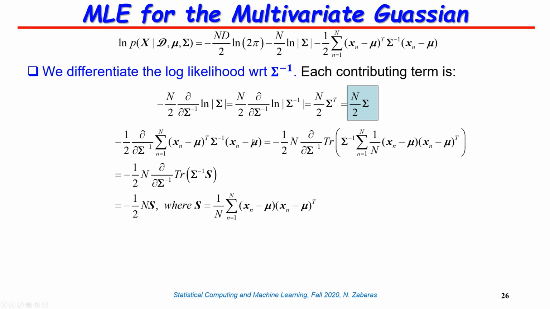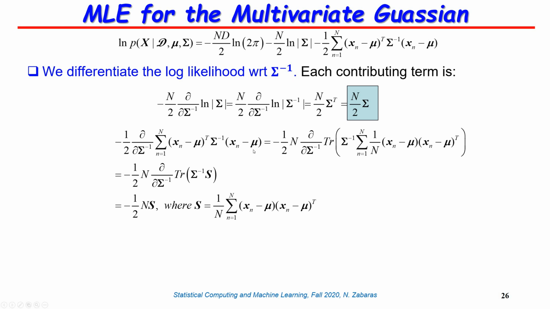Because this is a scalar, the trace of a scalar is equal to that scalar, and so I can put a trace to this whole summation outside, and nothing is going to change.